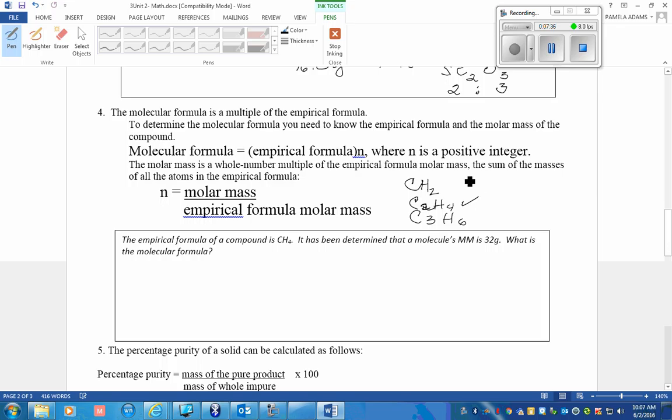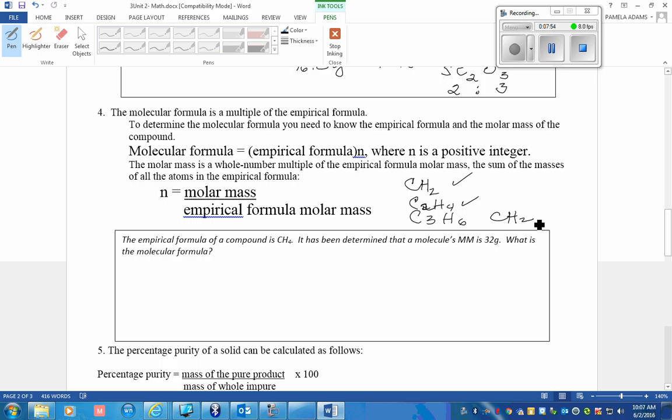This is a molecular formula. This is an empirical formula. If you have a molecular formula and you are asked for the empirical formula, just simplify. 3 and 6 can be simplified to that.